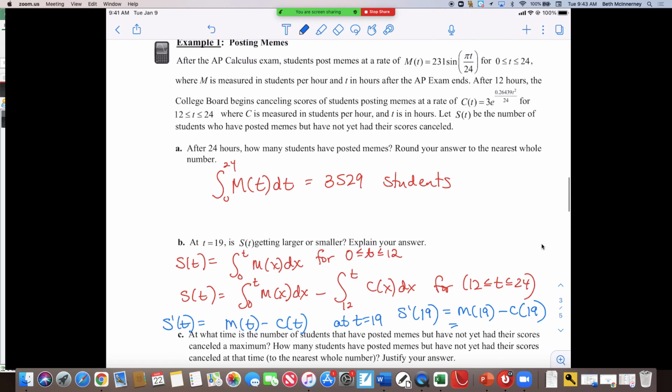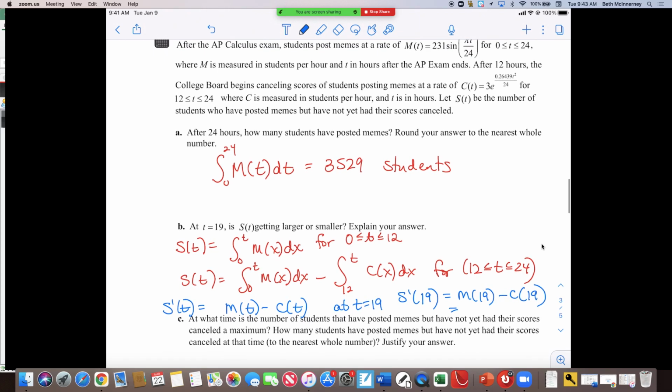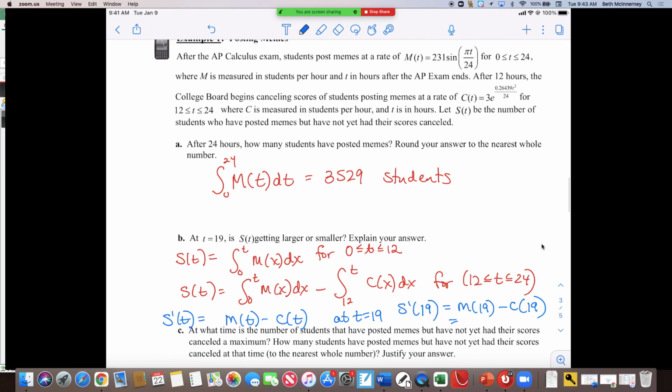Well, we have functions, don't we, for m and for c. So go ahead and use your calculators and figure out what m of 19 is, go figure out c of 19, and then subtract them to figure out what s prime of 19 is, because when it's saying, is s of t getting larger or smaller, I want to know, is that derivative positive or negative? Because where the derivative is positive, it's increasing.